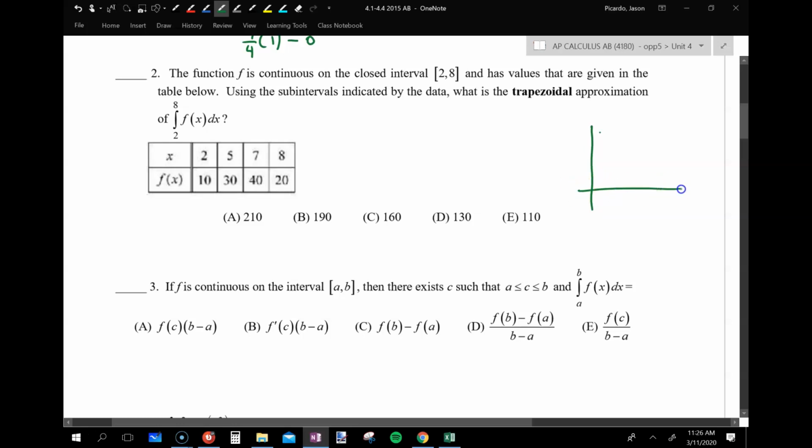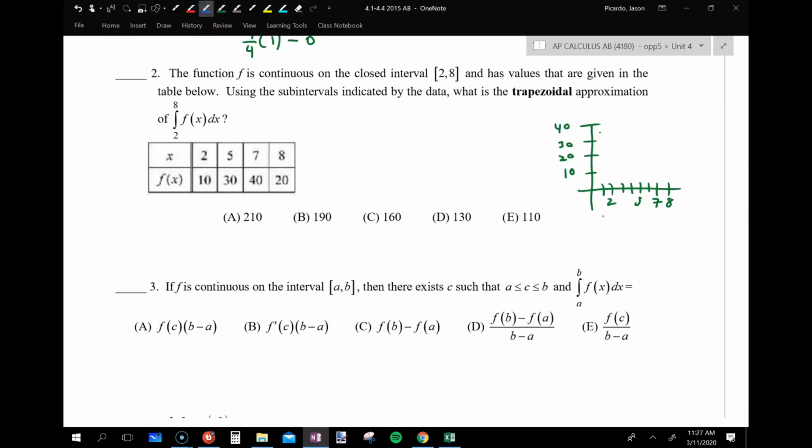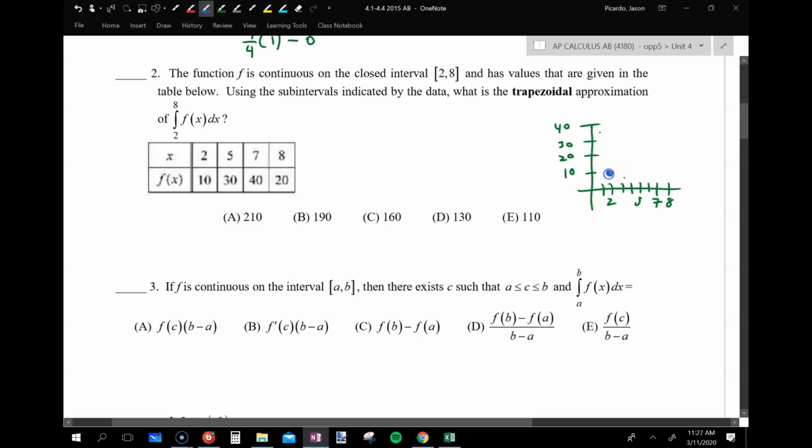Well, if I really quickly graphed it, it would be that, right? Well, what could I do with this?